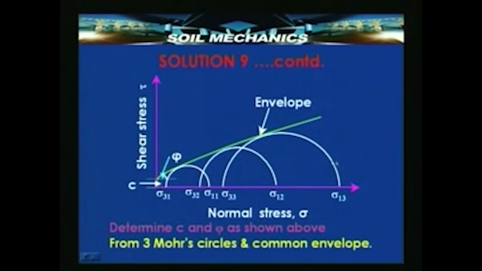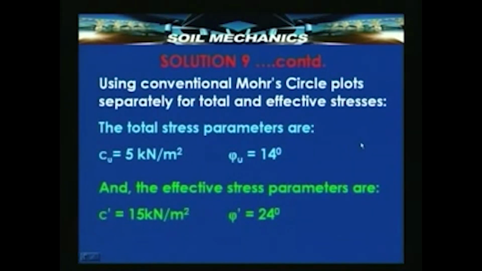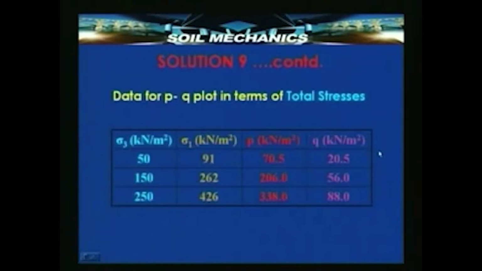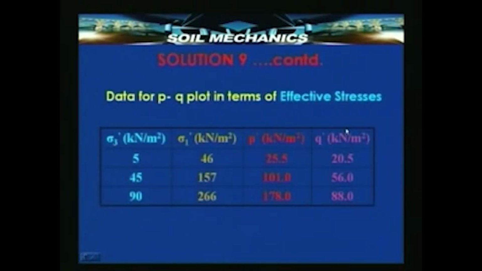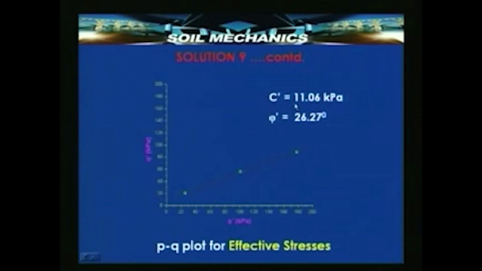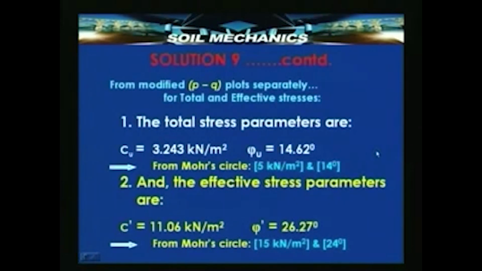Then we plot a Mohr circle with the above values of effective stresses, and we get the values of Cu and phi u or C dash and phi dash depending upon whether we plot total stress diagram or effective stress diagram. These are the data for the corresponding PQ plot, and the PQ plot also gives you for total stress a value of Cu and a value of phi u, and for effective stresses also a value of C dash and phi dash. This is the summary of the results.